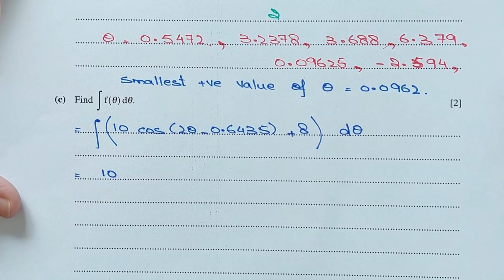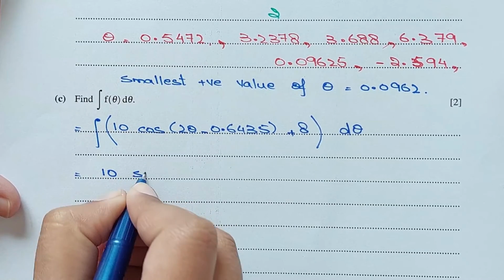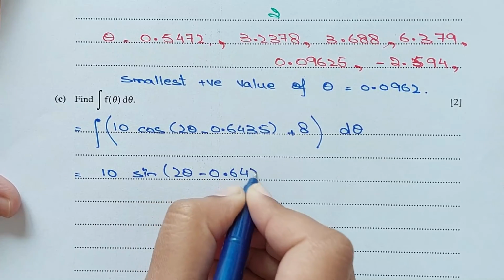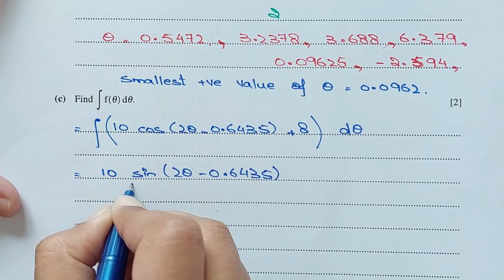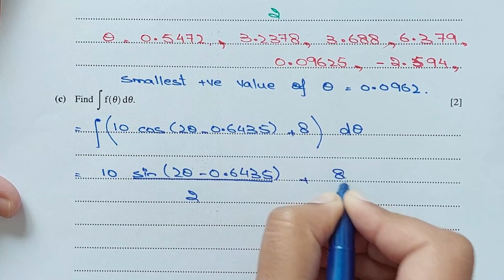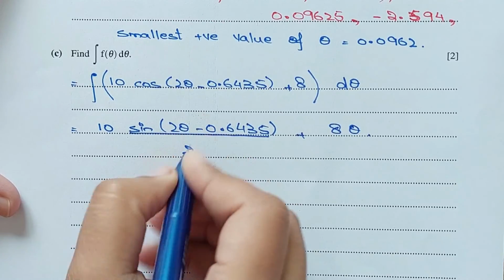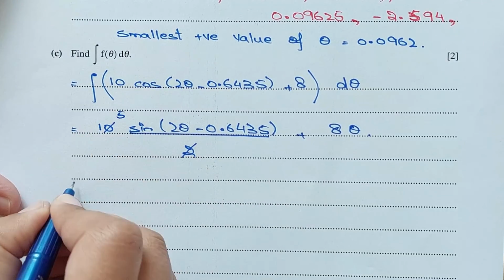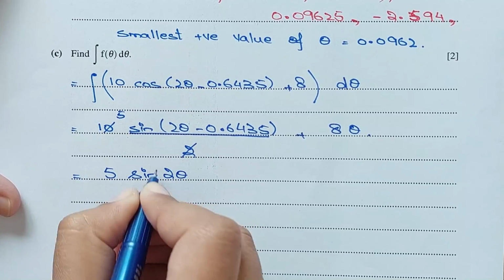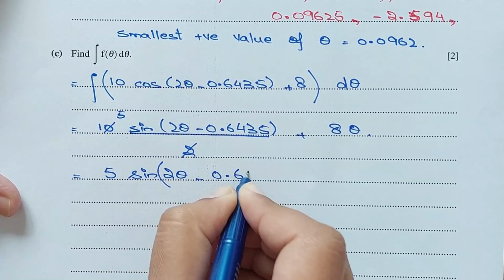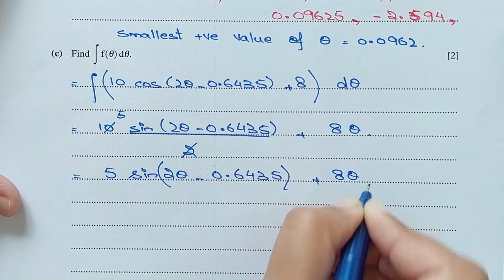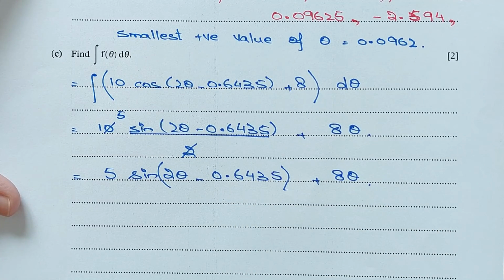The integration of cos is sine, and the derivative of this angle is 2, so divided by 2, plus 8 theta. Right, so this is 5 here, so we have 5 times sine(2 theta minus 0.6435) plus 8 theta. This is also correct, or you can open this formula.